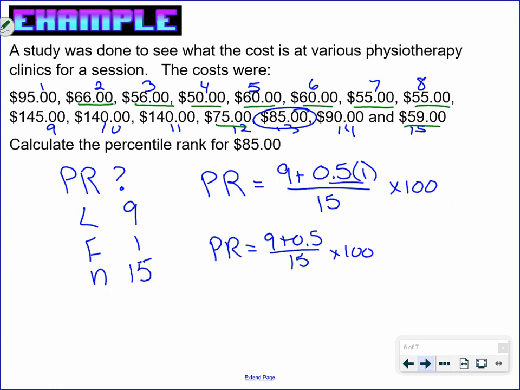Then we're going to add the numerator. So 9 plus 0.5 is 9.5. Then we'll take the 9.5, divide by 15, and multiply it by 100. So our percent rank for this will be 63. So the percent rank for $85 is in the 63rd percentile.